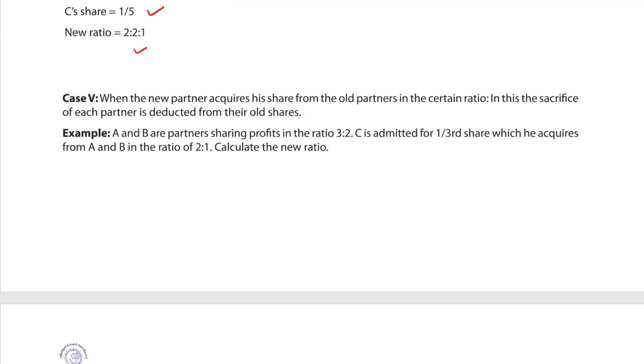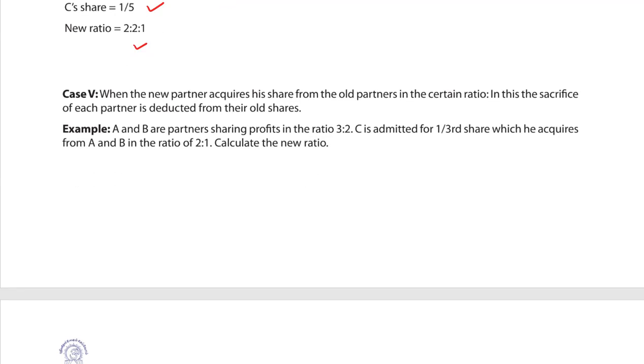Case 5. When the new partner acquires his share from the old partners in a certain ratio, the sacrifice of each partner is deducted from their old share. Example, A and B are partners sharing profits in the ratio of 3:2.